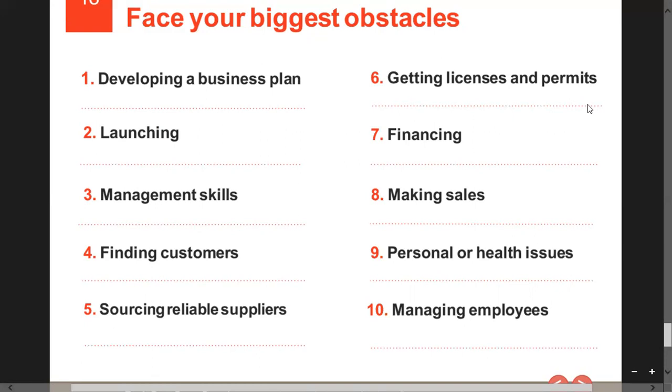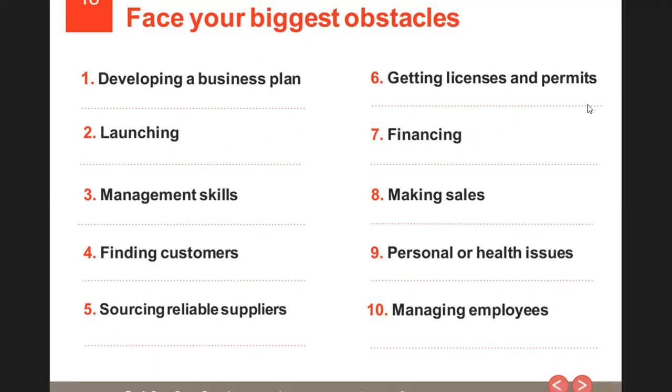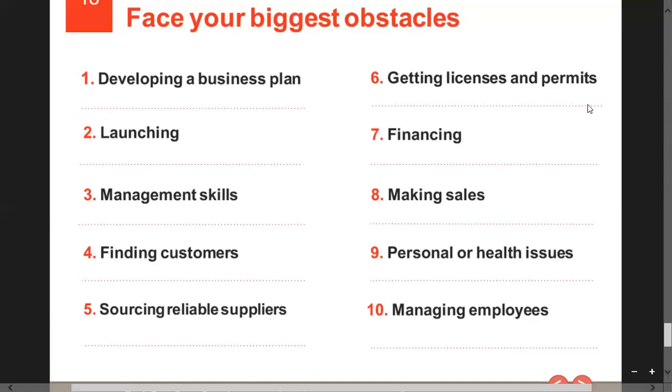Yeah, you have money and you must know how to control, right, the money that you get from the business. You cannot use it wastefully. I mean, you must know how to control the money. And number eight, making sales. Yeah, you have to make the sale.